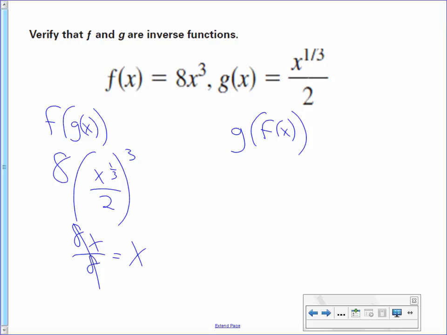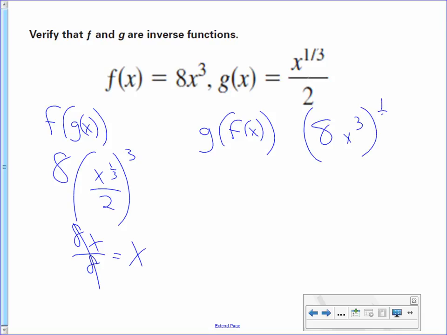On the other side, same idea. I have 8x cubed to the 1/3 all over 2. Remember, 1/3 power means cube root. What's the cube root of 8? It's just 2. It's 2 to the 3rd, so it is just 2.